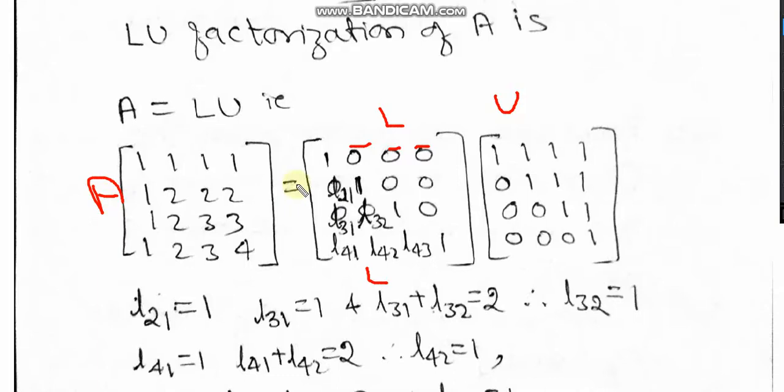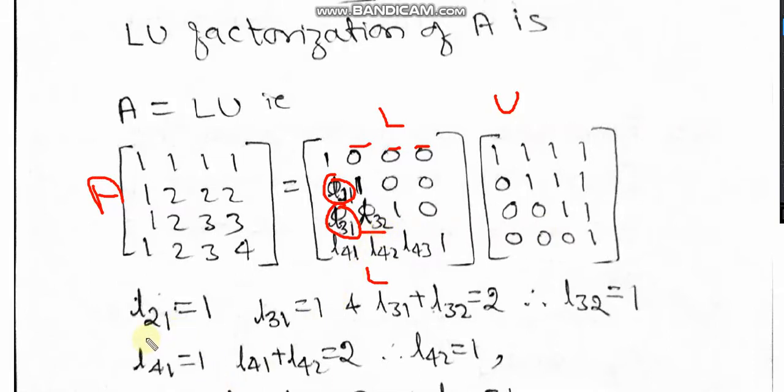So by row multiplication, I have the second row multiplied with the first column, I will get A21 and L21, and for L31 the third row multiplied with the first column I will get L31, and for L32 the third row multiplied with the second column I will get the L32 value.